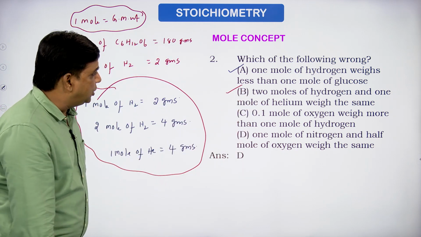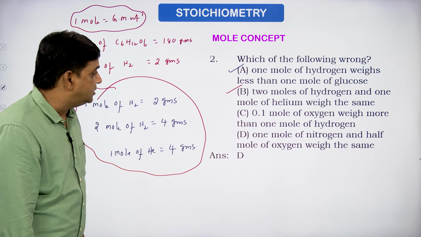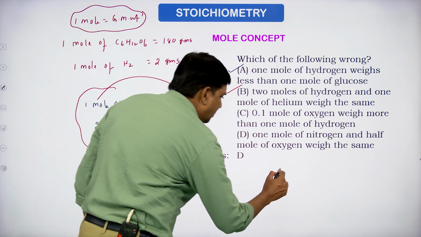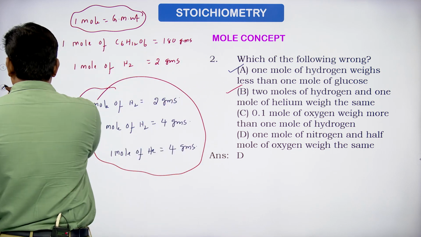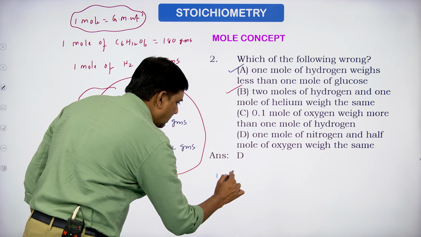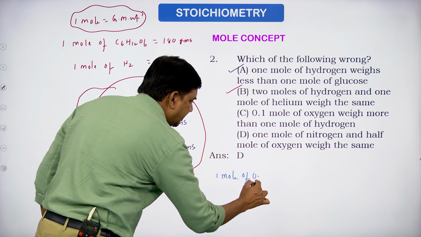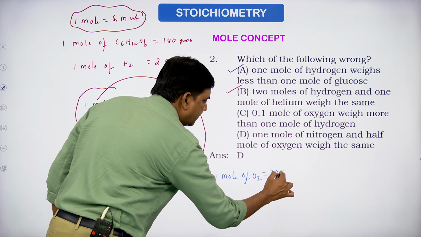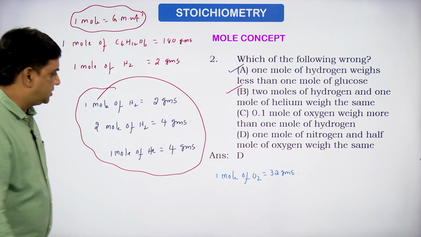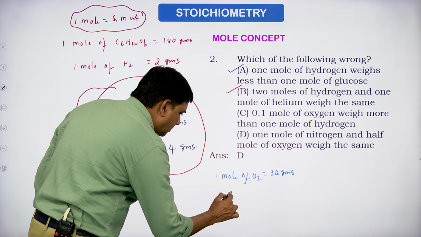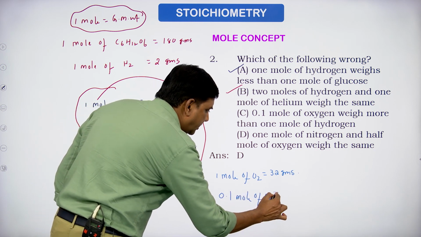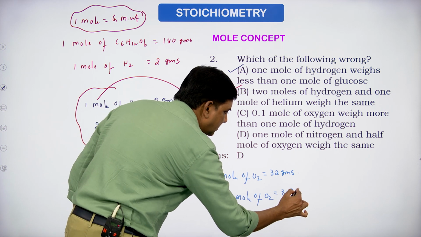What is the third one? 0.1 mole of oxygen weighs more than 1 mole of hydrogen. I am writing each option with different colors. 1 mole of oxygen gas is equal to 32 grams. Therefore, 0.1 mole of oxygen gas, O2, is equal to 3.2 grams.